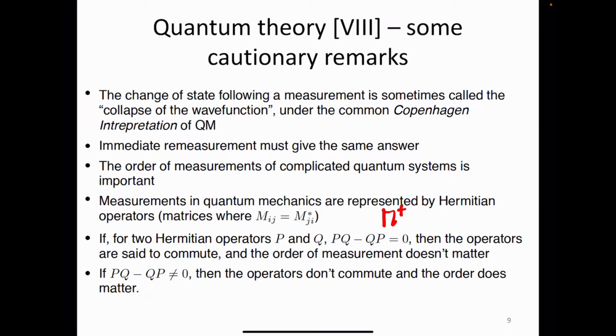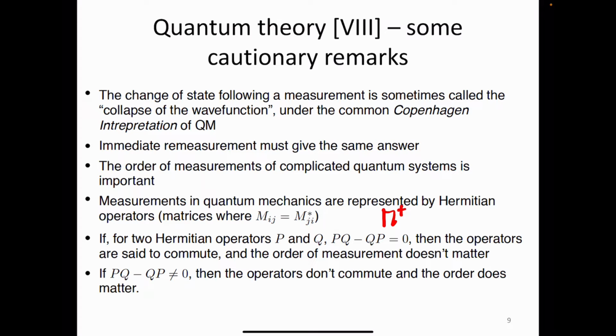If for two Hermitian operators P and Q we see PQ minus QP equals 0, then the operators are said to commute, and the order of measurement doesn't matter. So remember that your operators, your gates, whatever you apply to your quantum state, are mathematically represented by matrices. So it's important to consider the sequence of application of these gates.